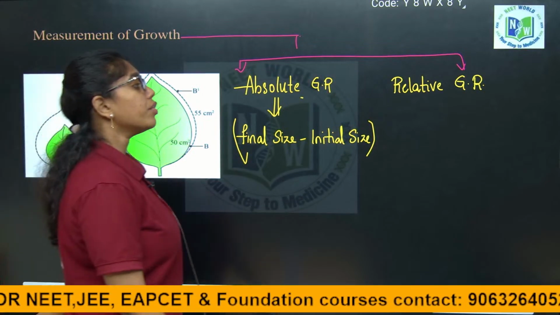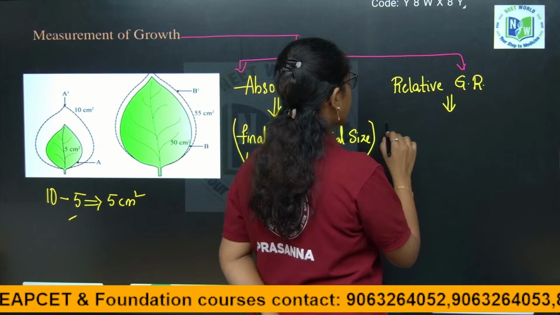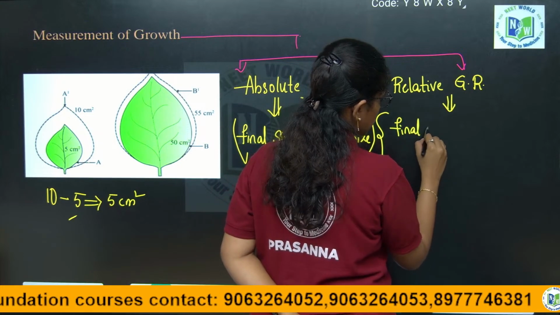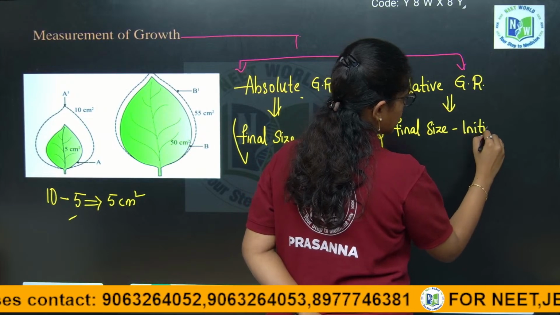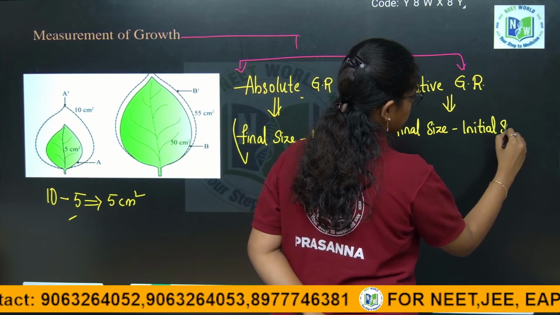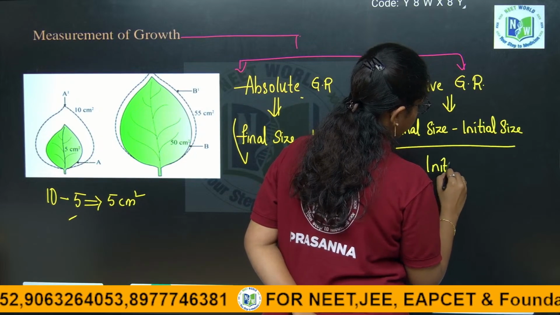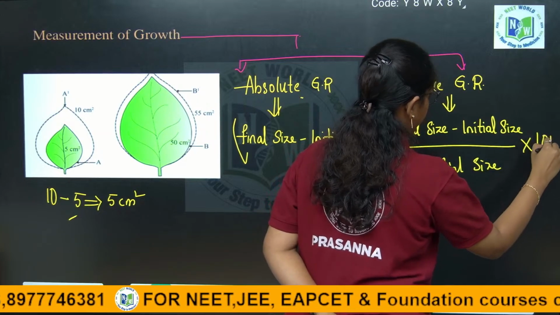Okay. How will you calculate the relative growth rate? Relative growth rate can be calculated by taking final size minus initial size, divided by initial size, into 100. Okay.